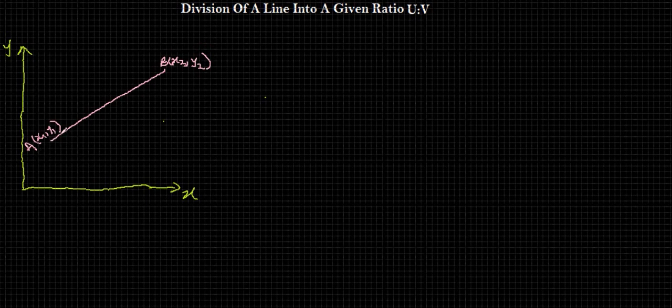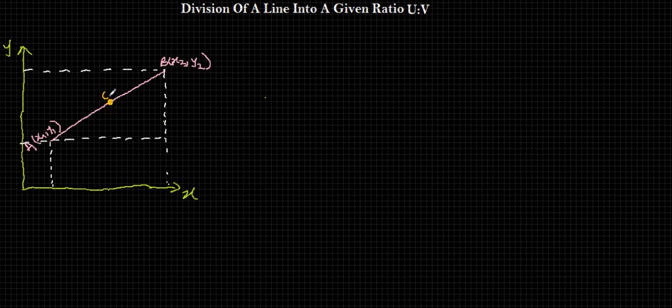So this can be traced down to the coordinates. This can be traced down here. It could also be traced this way, exactly. So now consider also a point here which divides this line into the given ratio.